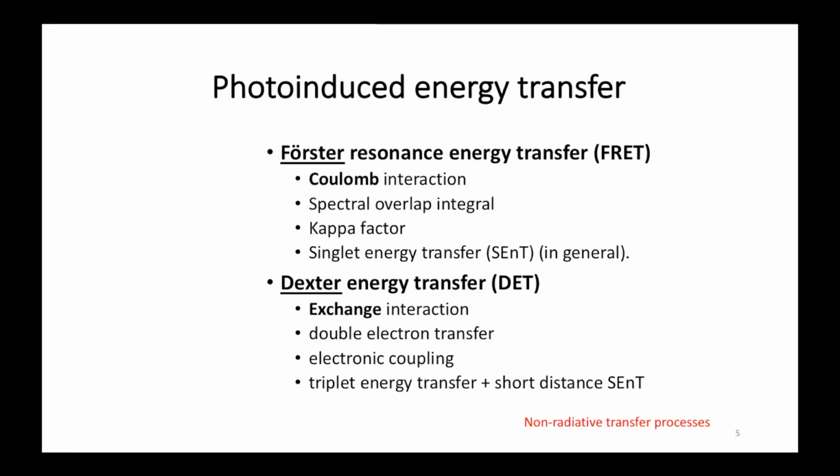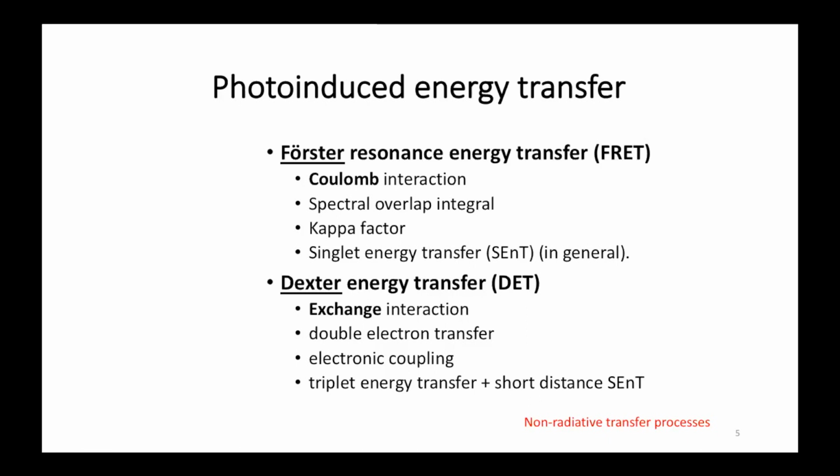double electron transfer. Förster Resonance Energy Transfer, we call it sometimes FRET, sometimes people also say fluorescence resonance energy transfer, but it's actually not correct. So it is a Coulomb mechanism, and within this mechanism it's especially the spectral overlap that governs the rate.